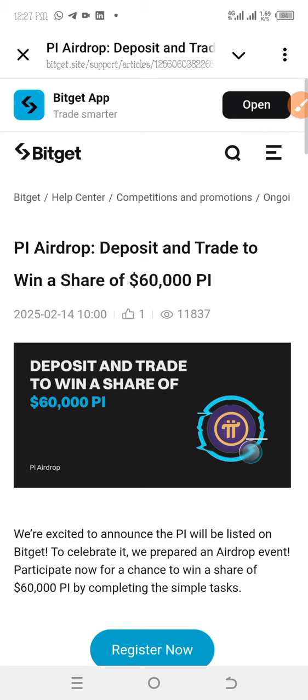So look at this. I'm going to read it for you clearly and explain how you can stand a chance to win up to $120 as they claim. The first thing is the Pi airdrop: deposit and trade to win a share of $60,000 worth of Pi. They are going to give $60,000 worth of Pi.